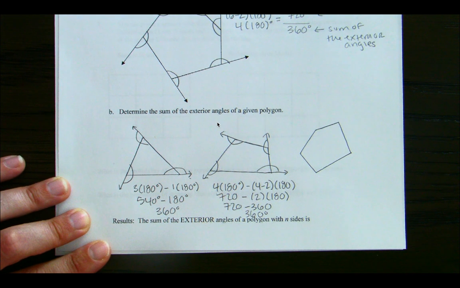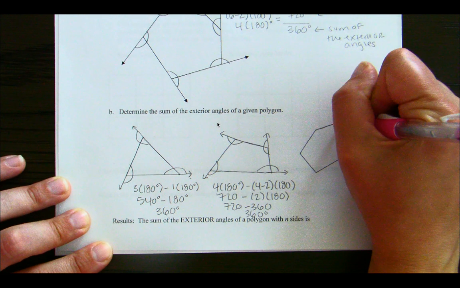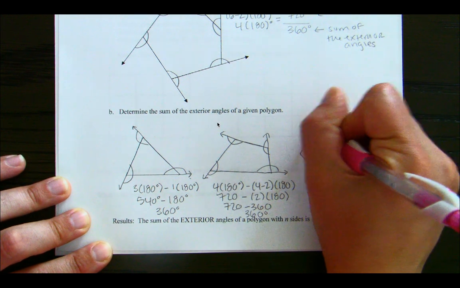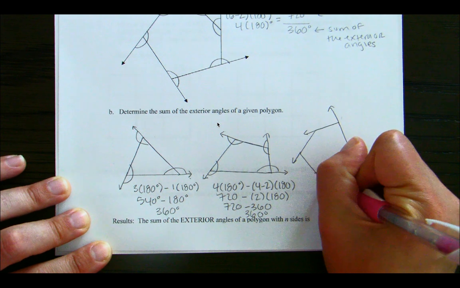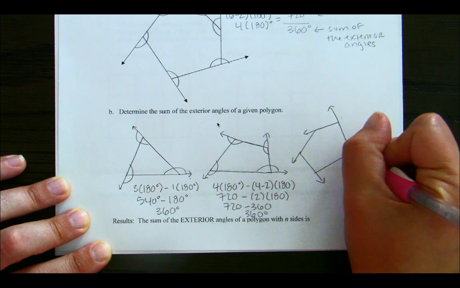Just for the sake of checking, we're going to do it one more time. For a 5-sided figure, you should notice that if I continue this process, I end up with 5 different lines.